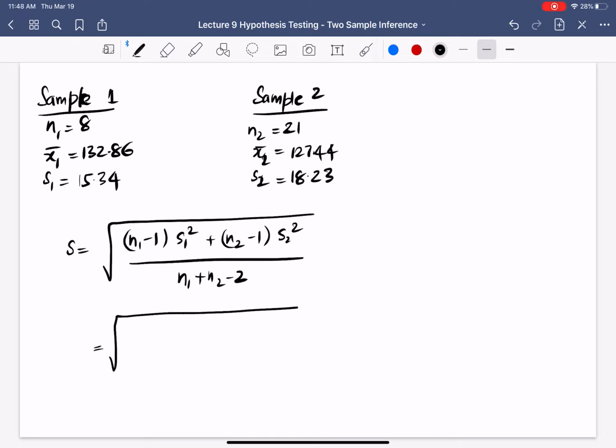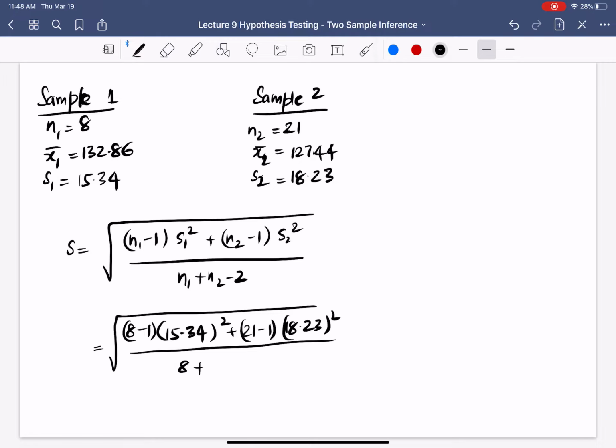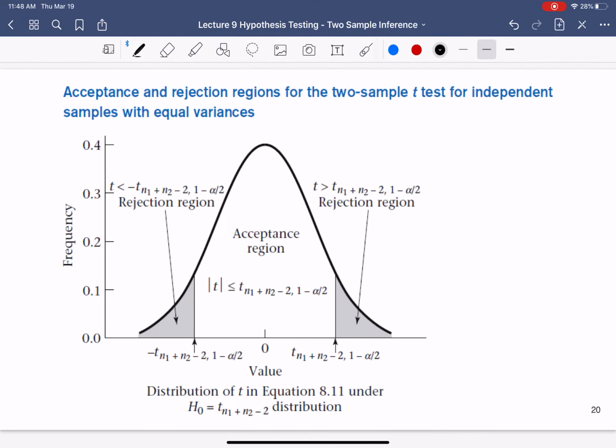So that becomes the square root of (8 minus 1) times 15.34 square plus (21 minus 1) times 18.23 square, divided by 8 plus 21 minus 2. So let's find the value.